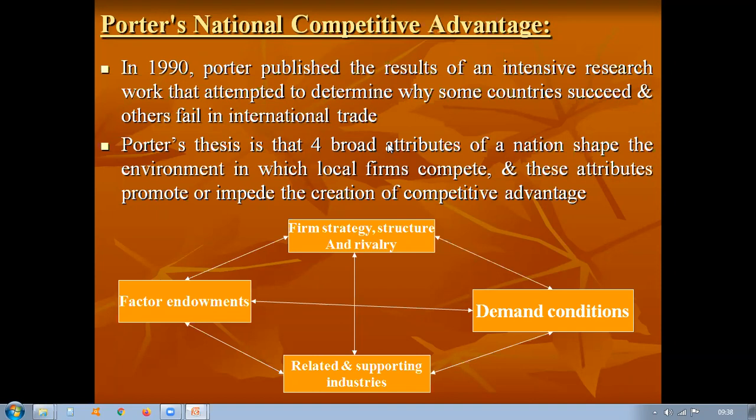So these are the important points to remember with regard to these international trade theories. So I think all the theories we have completed.